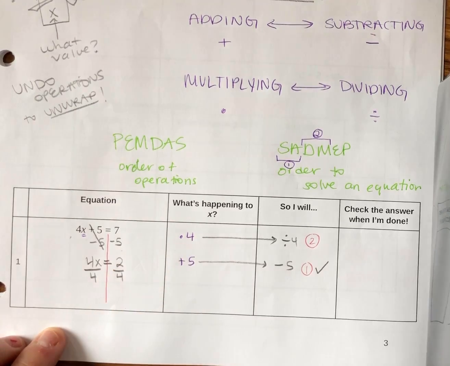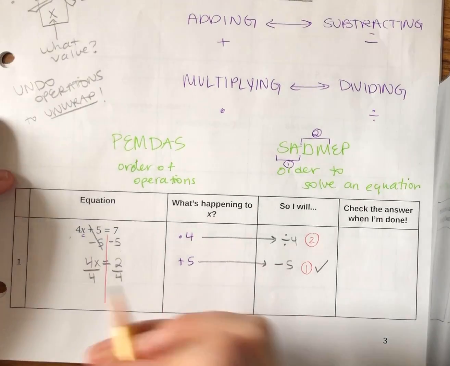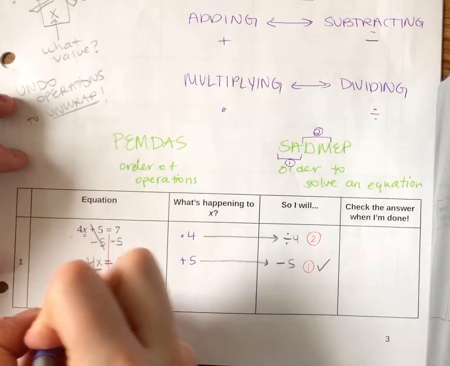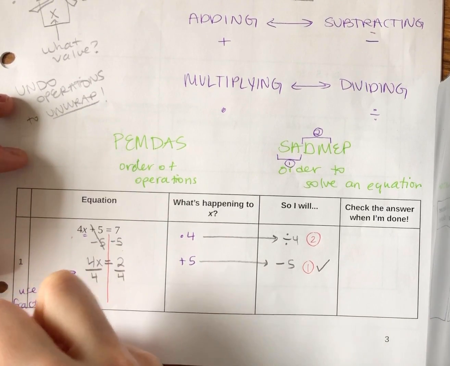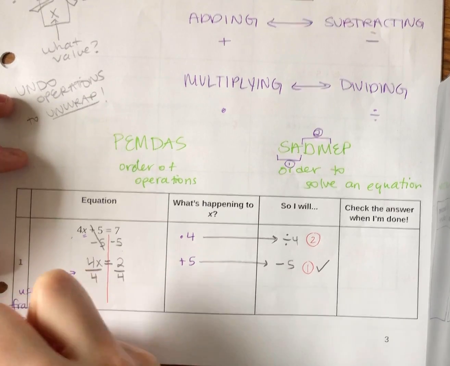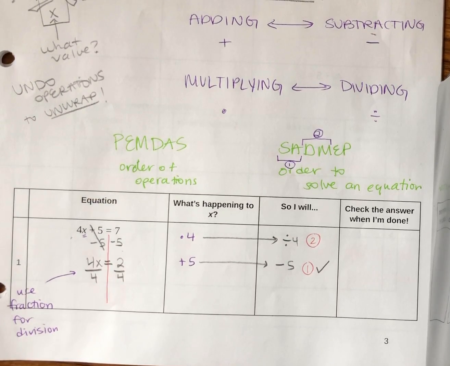When I'm solving an equation, I like to use a fraction line for division. Because I think it makes my answer look a little clearer. And when I do so, sometimes I'm left with a fractional answer.